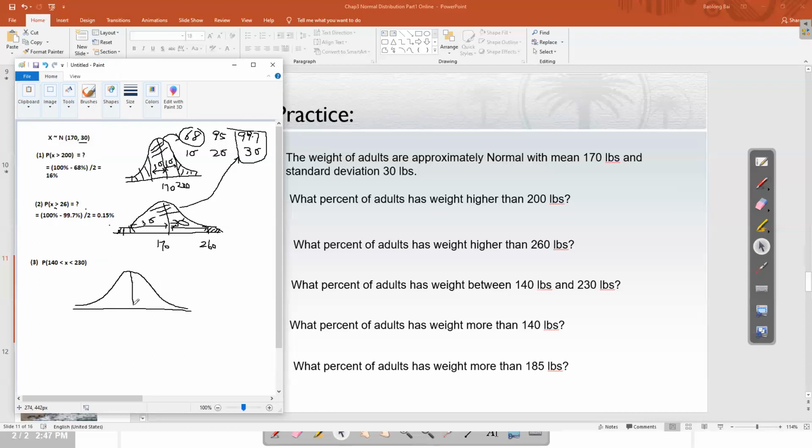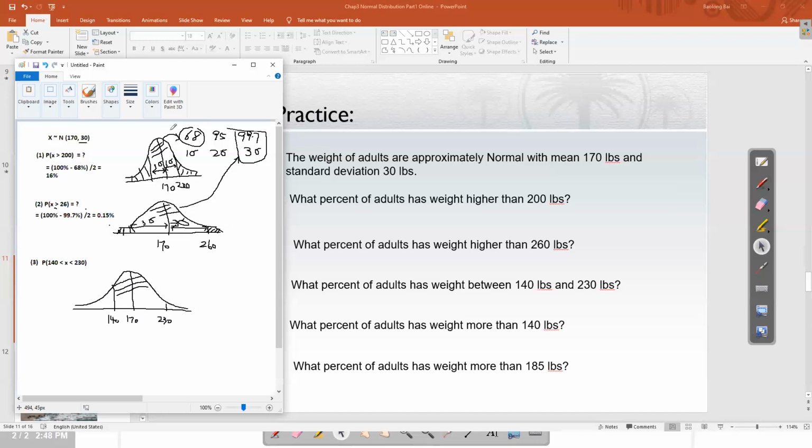So mu is 170. And now the event has 2 boundaries. 140 will be to the left of 170 somewhere, and 230 will be to the right somewhere. So we need to look for the probability in between, right?